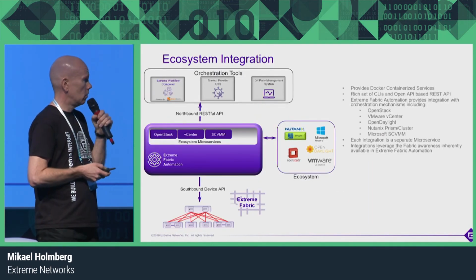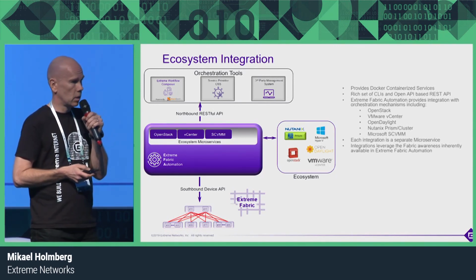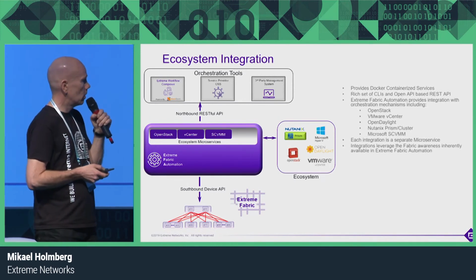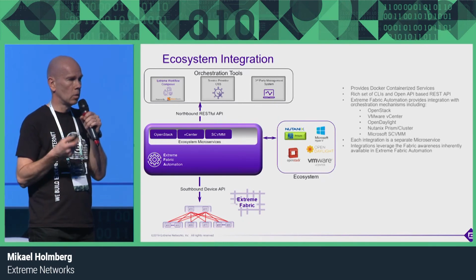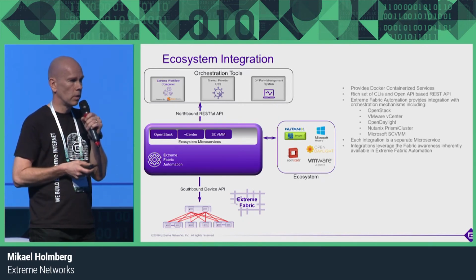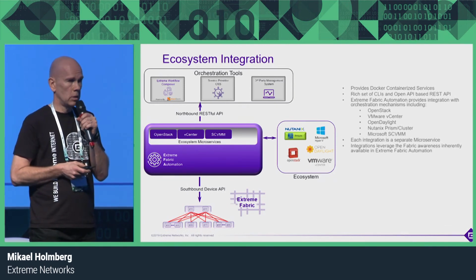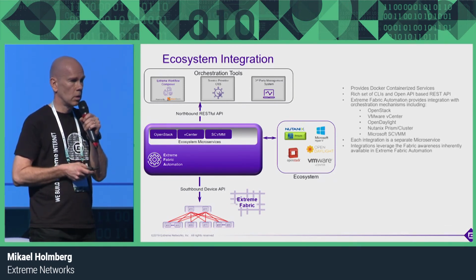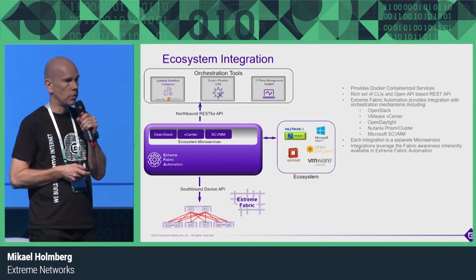So this gives you another picture of the same thing, EFA. What you see is that you have a northbound RESTful API, providing the ability to talk to any northbound application via RESTful API. It could be any in-house built application, a third-party application, your OSS system, you name it. Then you have the ecosystem microservices, which is the integration into various hypervisor environments like OpenStack, VMware, OpenDaylight, you name it.